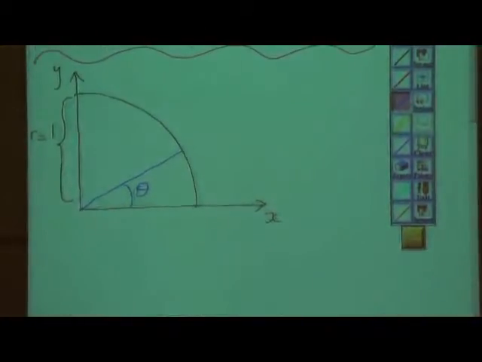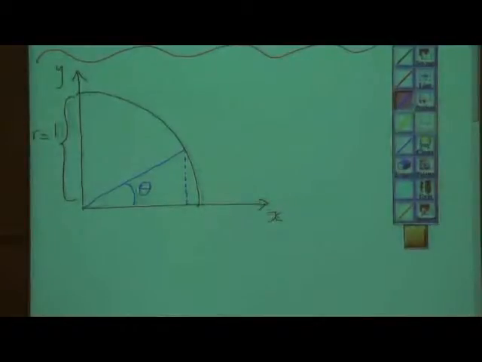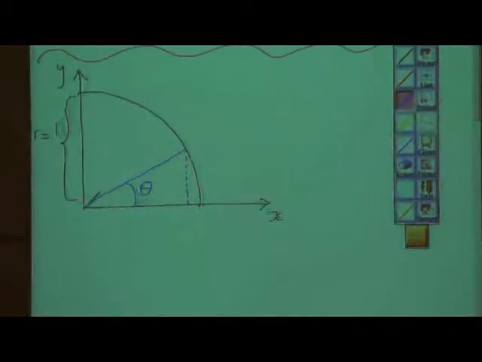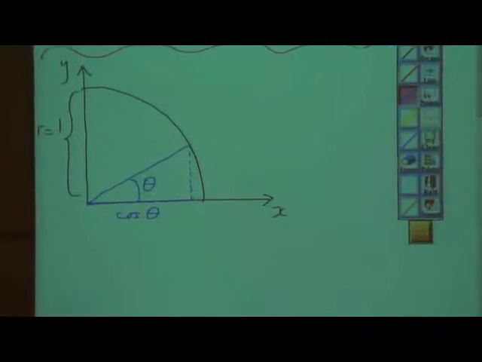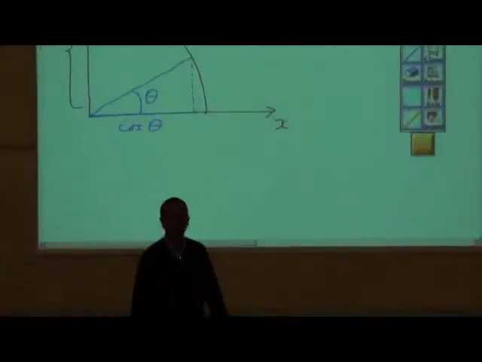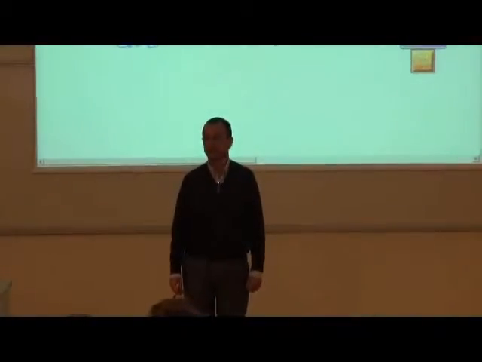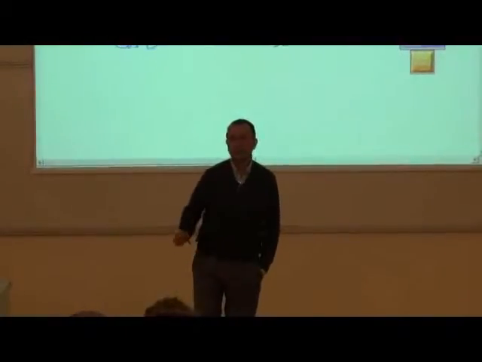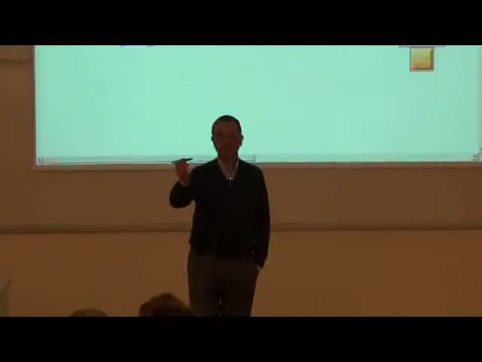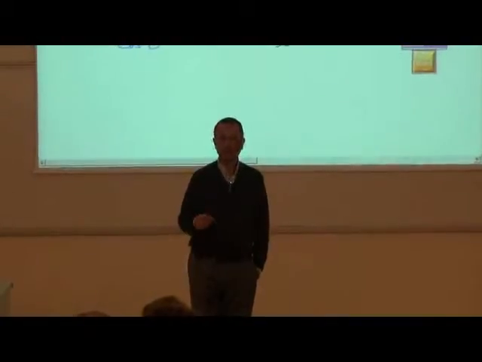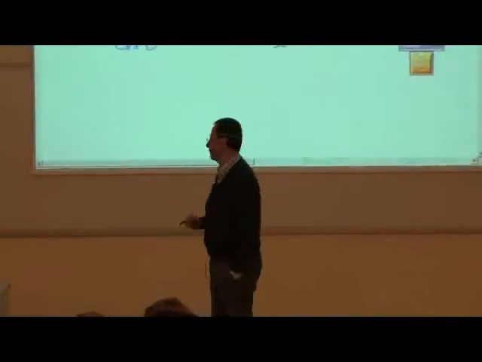This means this length here is 1. And this length here is just cos theta. Clear?